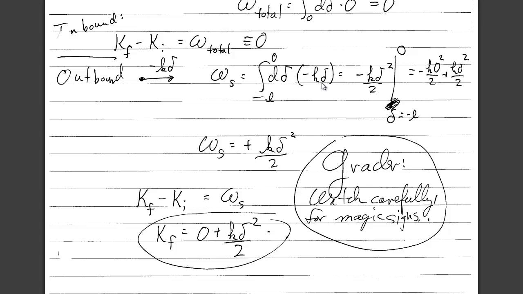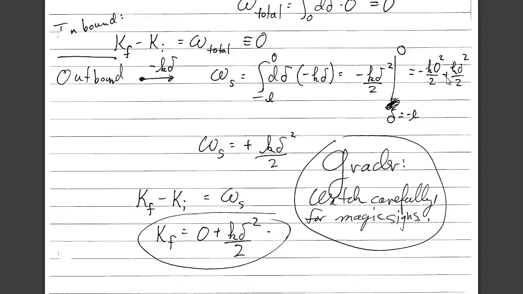Well, let's see, that's an integral of delta with respect to delta. That's minus K delta square over 2. The integral is taken from minus L to 0, start position, end position. So when you evaluate, you have a minus K0 square over 2. That's the final value of this integral.